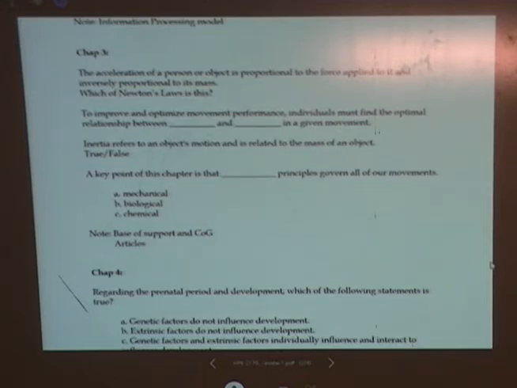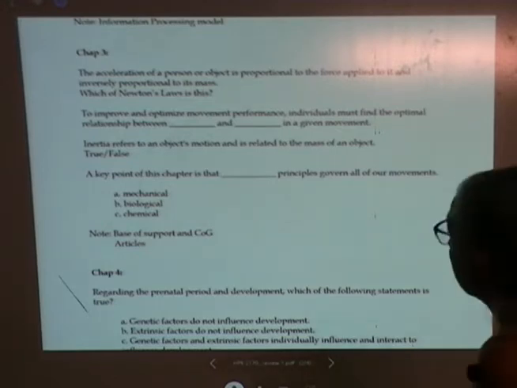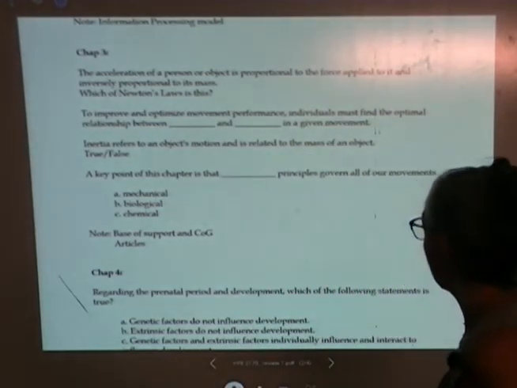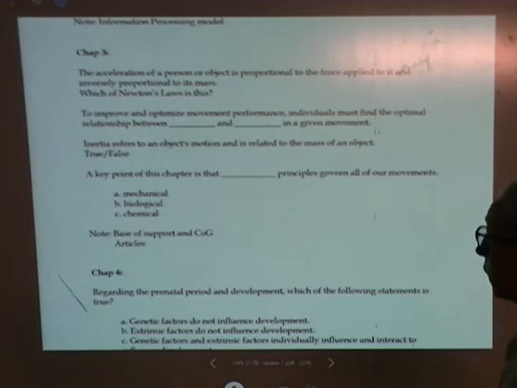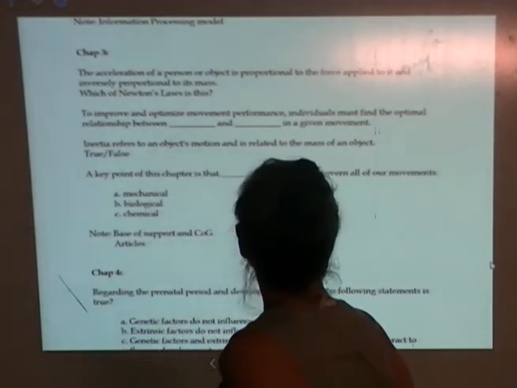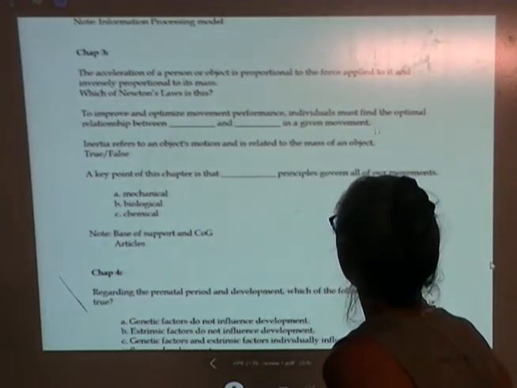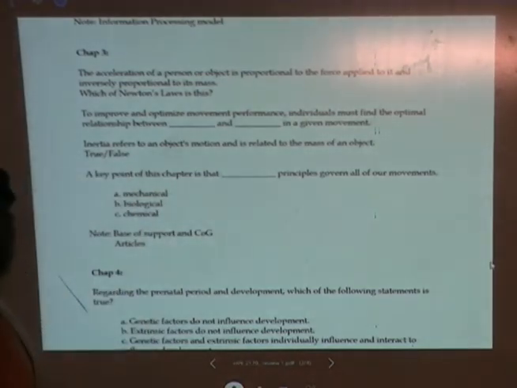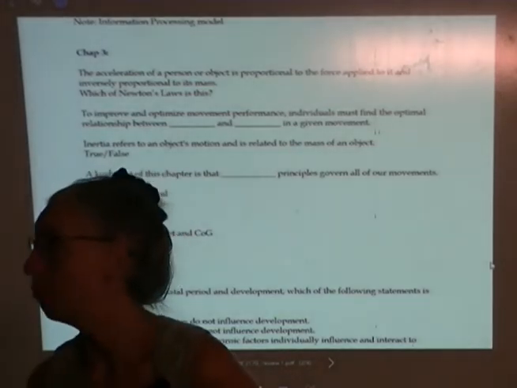It's the second law. Second law, good. It's flipped around in that question. Remember that the law is F equals ma, and therefore A equals F divided by M.